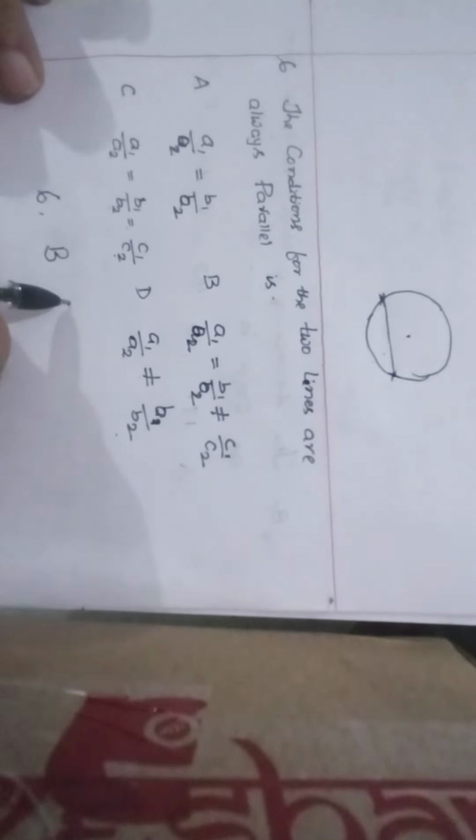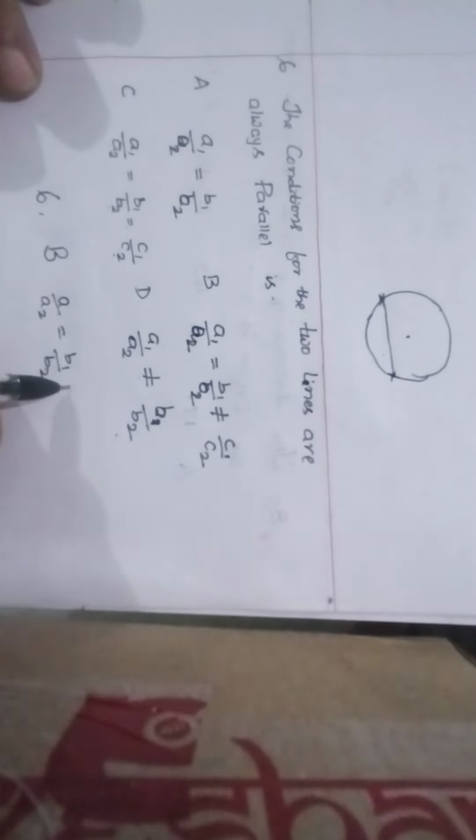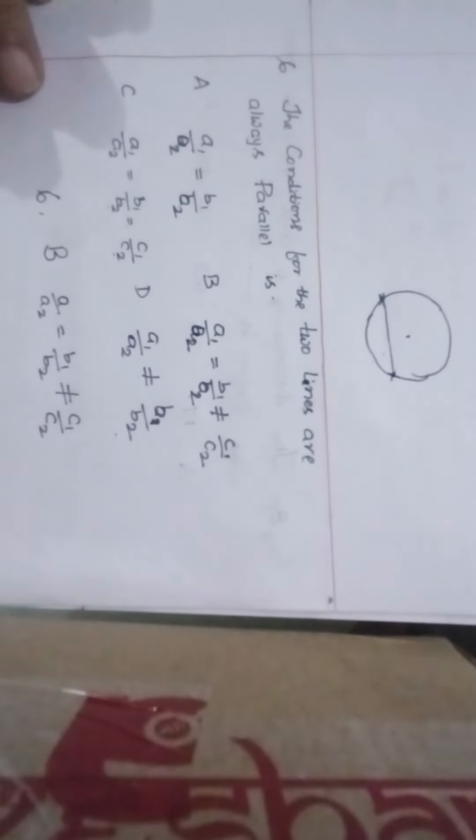Remember these conditions. Supposing if it is equal to C1 by C2, here the two lines are coincident lines. Coincident lines like this.